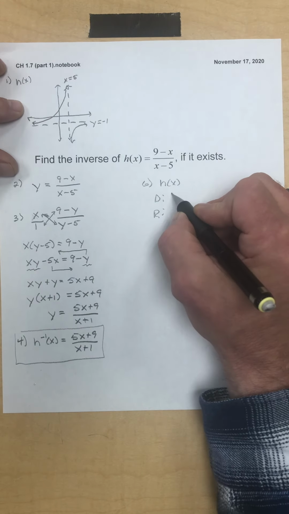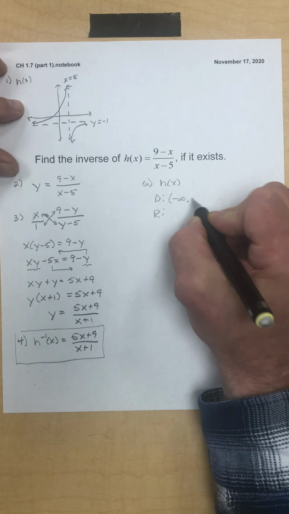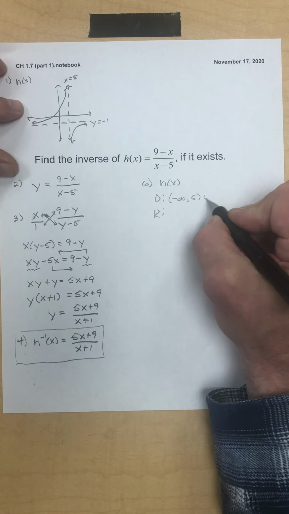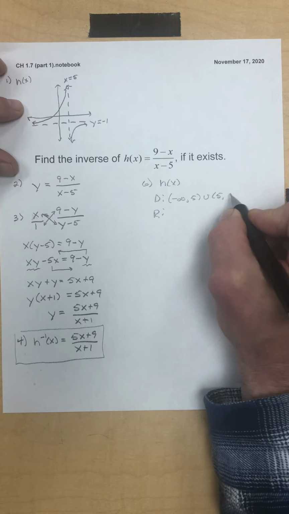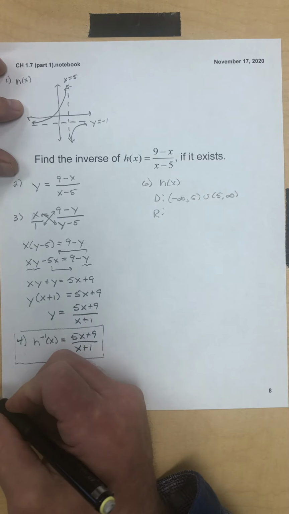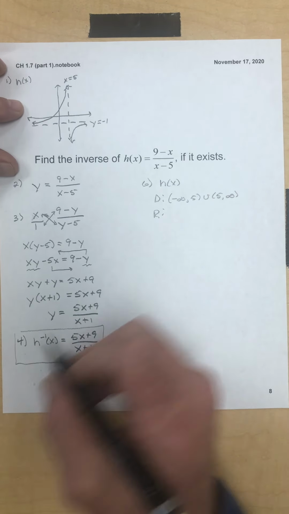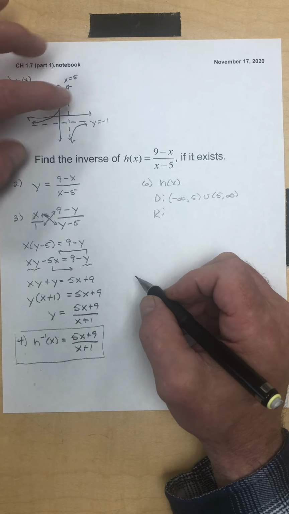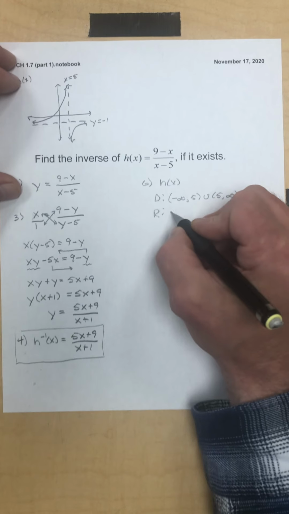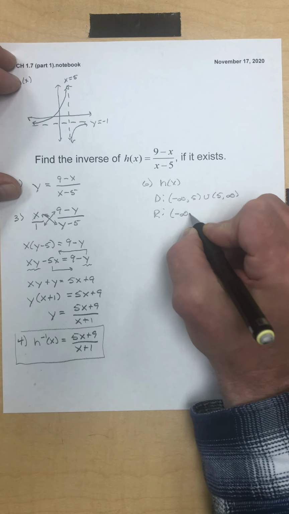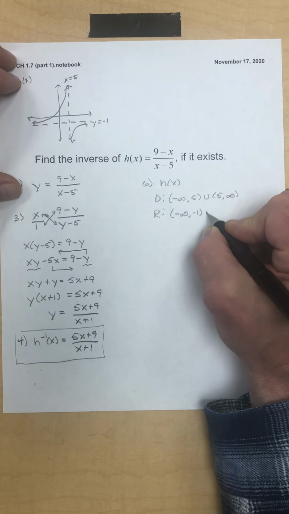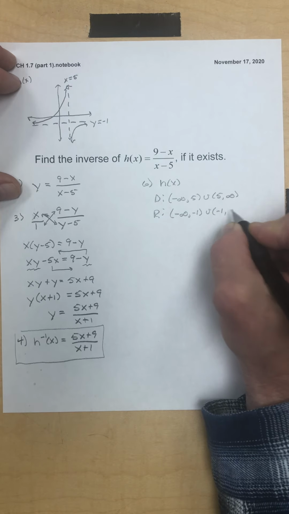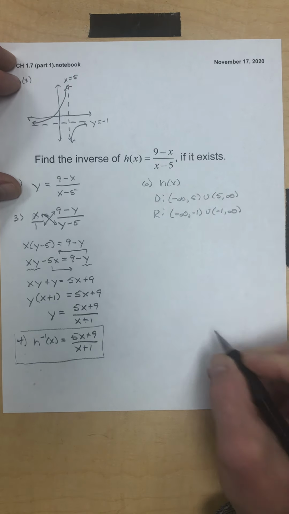So the domain would go from negative infinity up to 5, which we throw out, and then union that with 5 to infinity, right there. Now the range along the y-axis, everything works other than y equals negative 1. So we go from negative infinity to negative 1 and union that with negative 1 to infinity, like that.